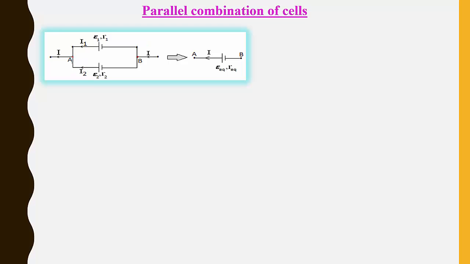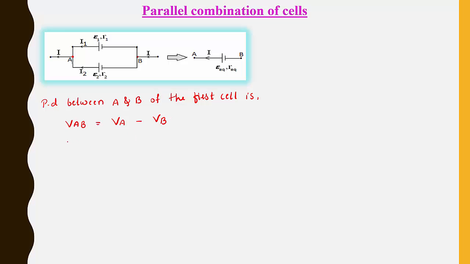Now we can consider the potential difference across the first cell, that is the potential difference between A and B of the first cell. VAB is equal to higher potential minus lower potential. So we can write in general VA minus VB.